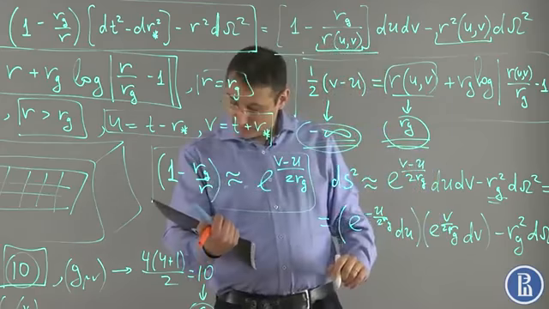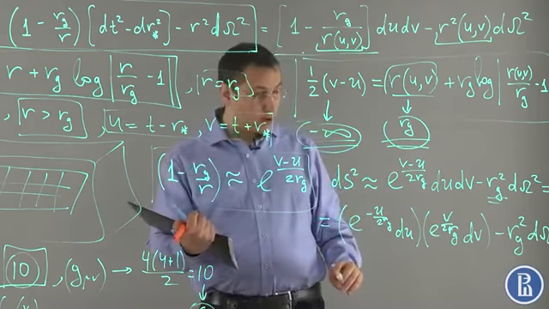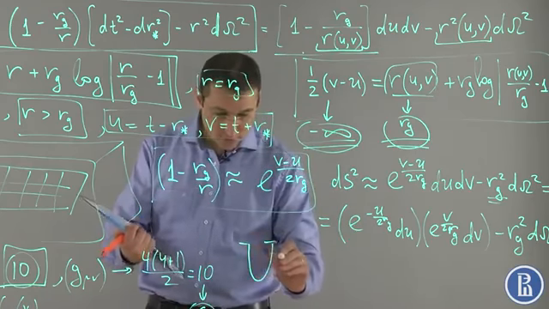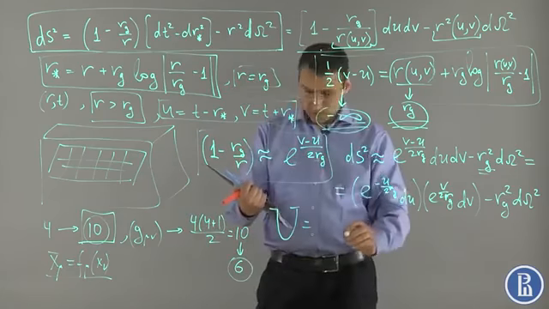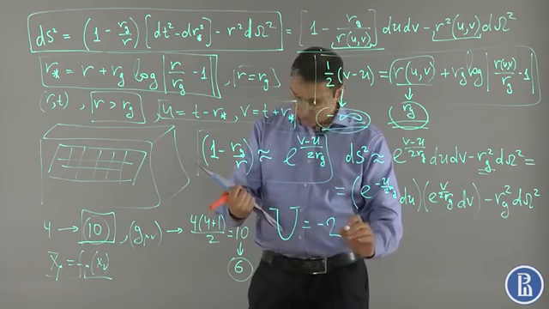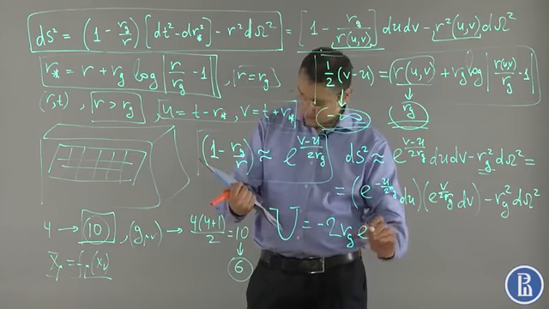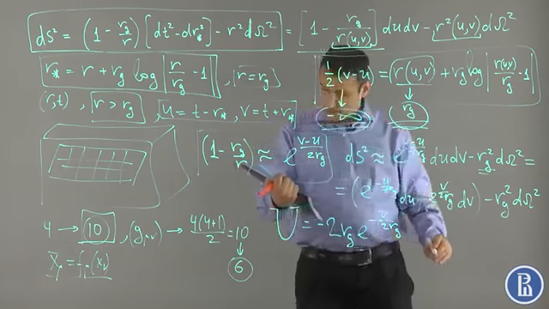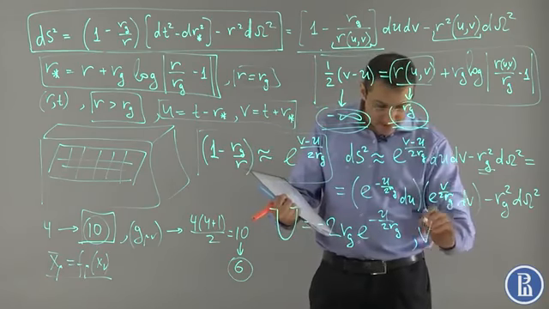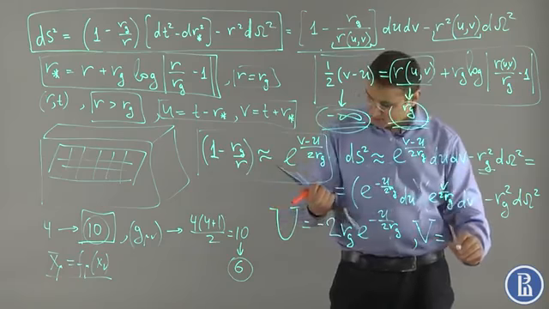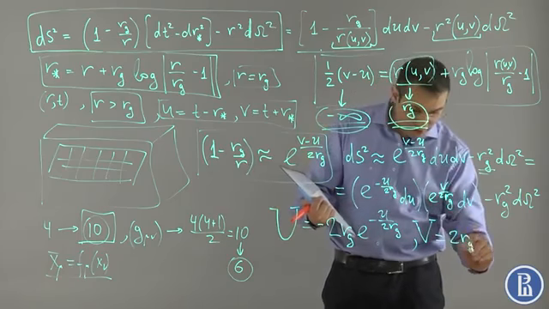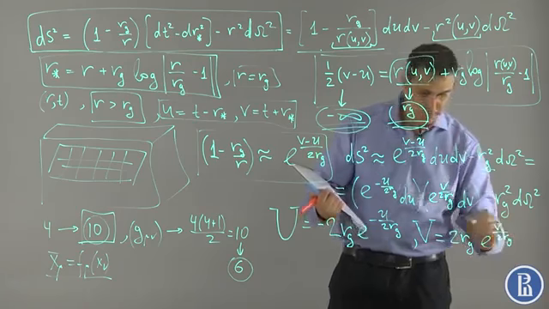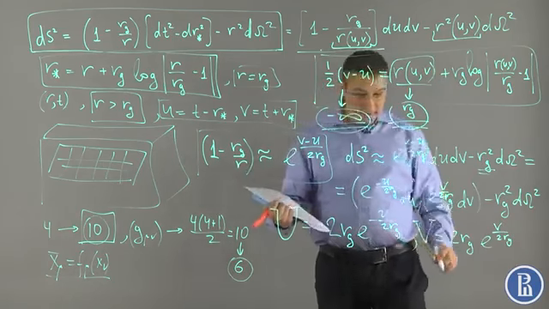So now one can make the following change of the coordinates. One can use new coordinates, U, which is equal to minus 2rg times exponent of u divided by 2rg, and V, big V, which is 2rg times exponent of v divided by 2rg.